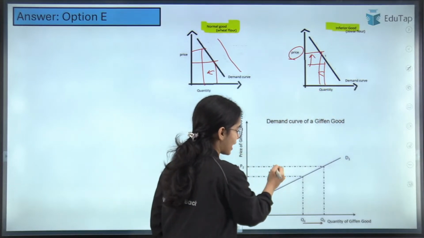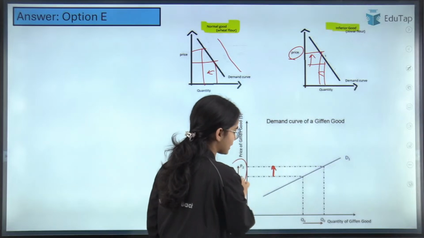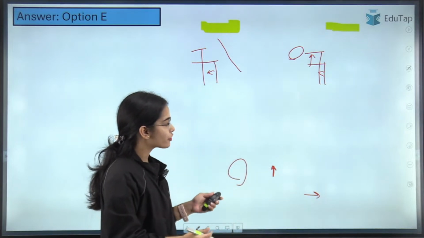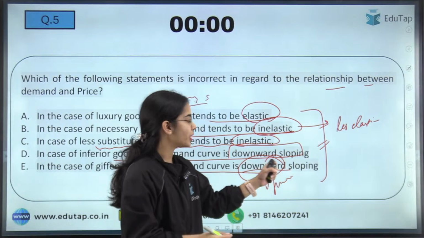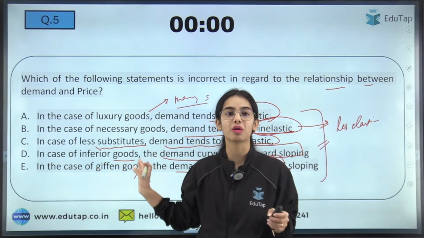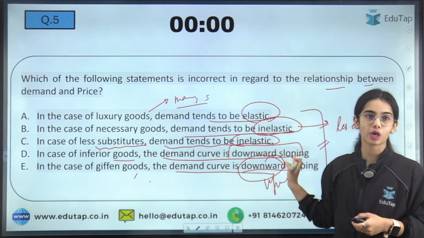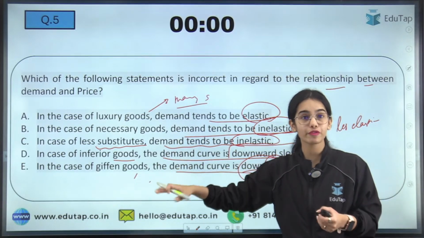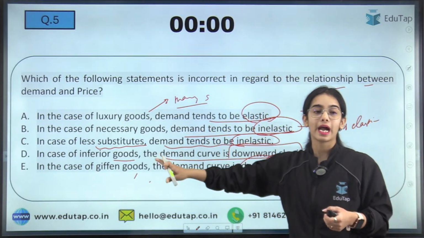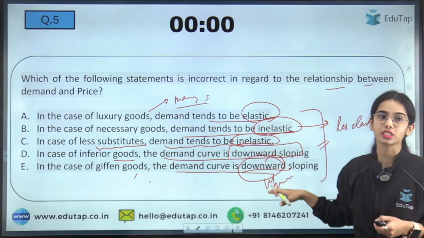For Giffen goods, as your price is increasing, the demand will increase. So for Giffen goods, the demand curve is upward sloping, while for inferior goods, the demand curve is downward sloping if we are talking about demand and price.